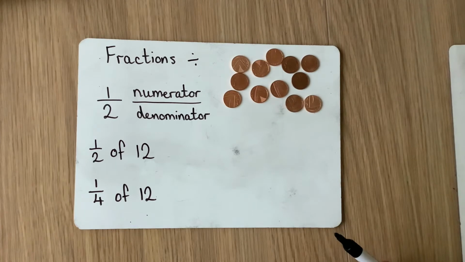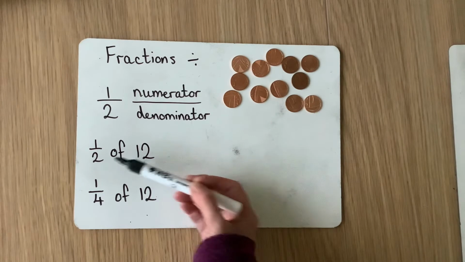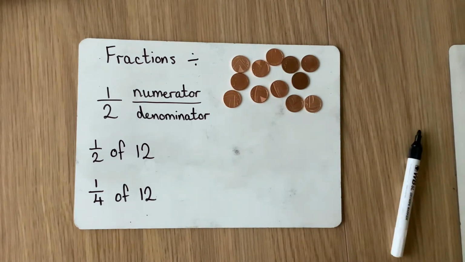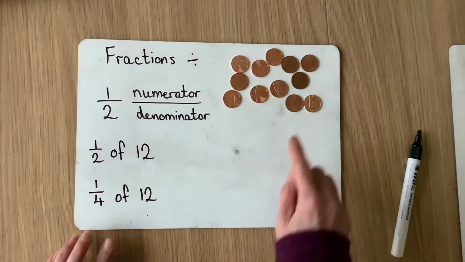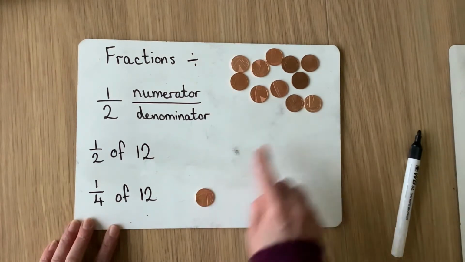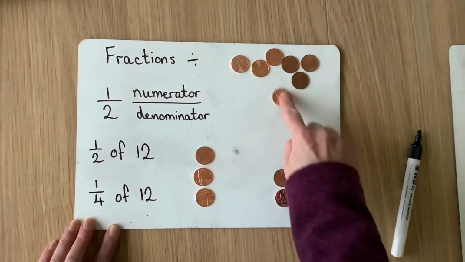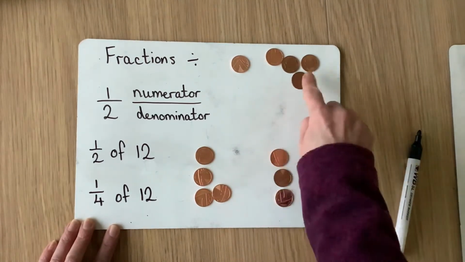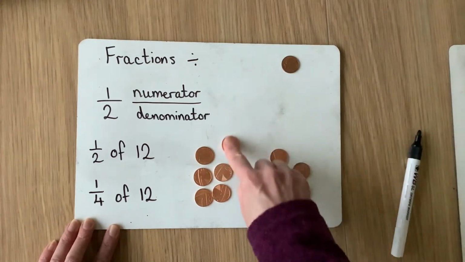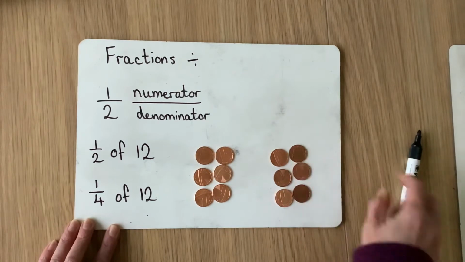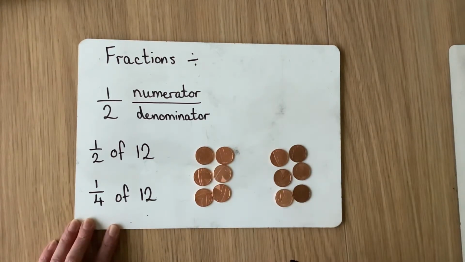I've got 12 1p's. And if I wanted to split them into half, if I wanted to find half of 12, well, half of 12 simply means split my 1p's up into two equal groups. So if I was to make two groups, so group 1, group 2, and if I was to split them up into two equal groups, making sure that I have the same number in each group, well, if I split my 12 into two equal groups, if I find half of 12, how many coins have I got in each group?